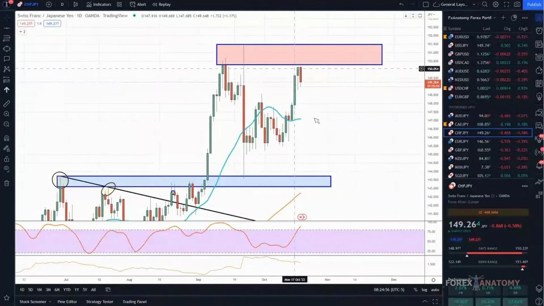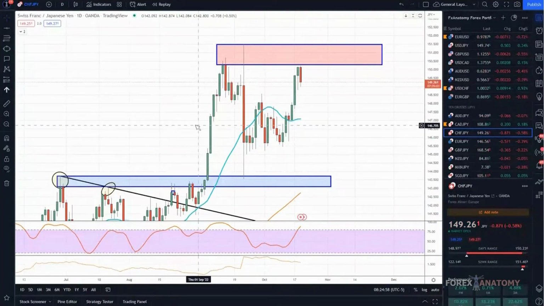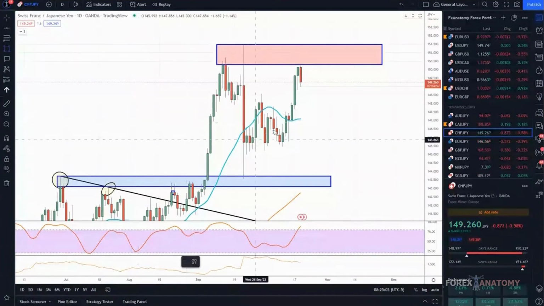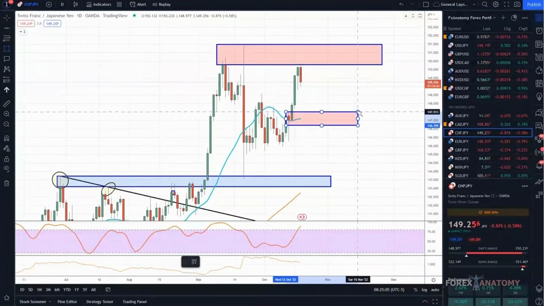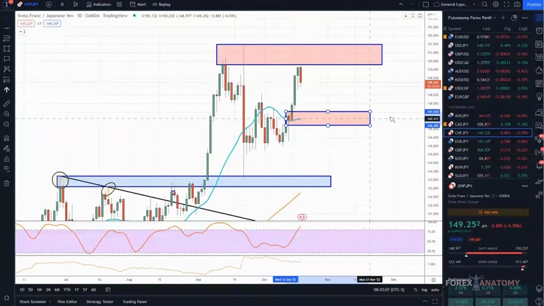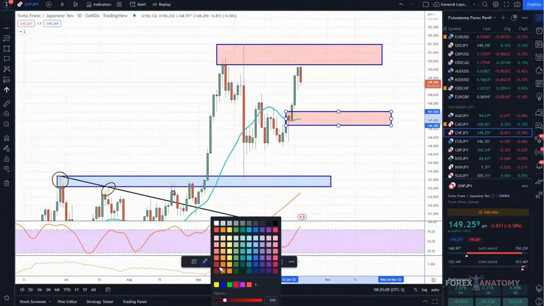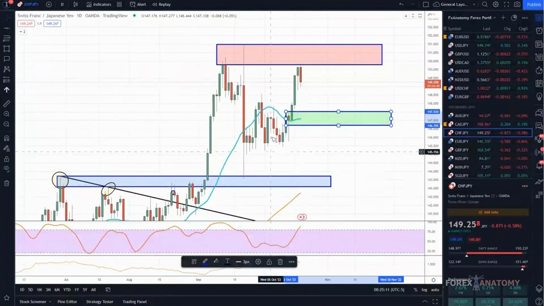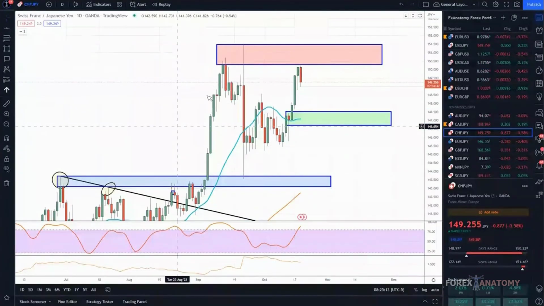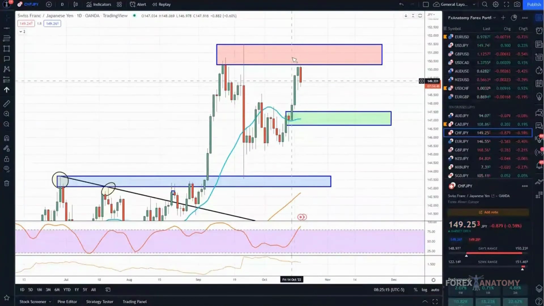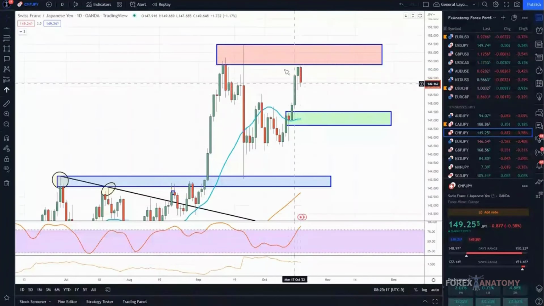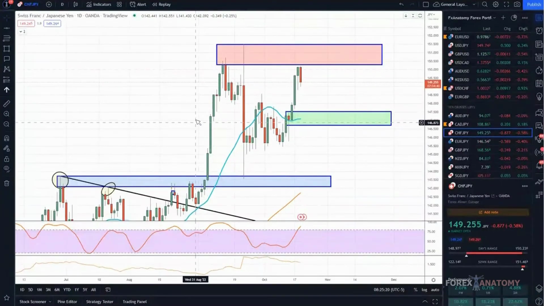We may see a deeper correction all the way to where the buyers come in at, which is where? Right here. This is where we're expecting price to go, where we have some buyers positioned right here. So what we're going to do is look for an opportunity to sell somewhere around this particular zone.